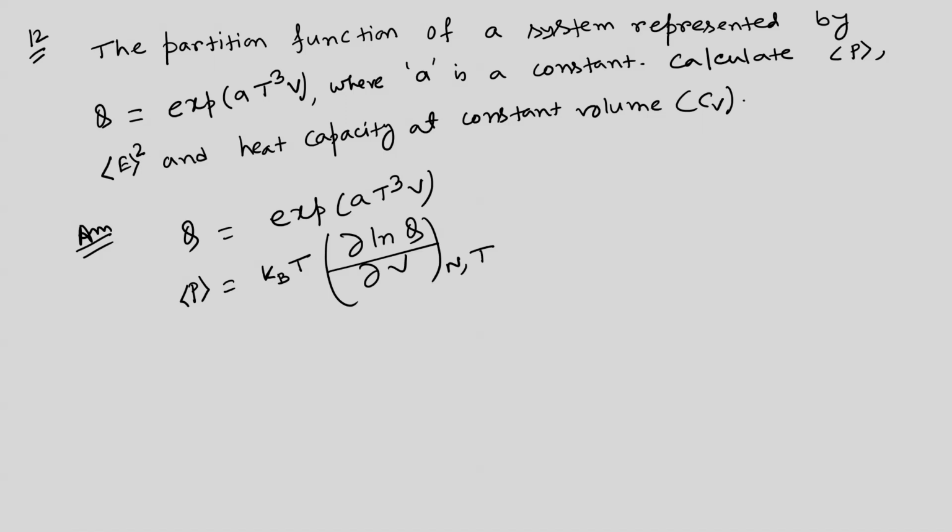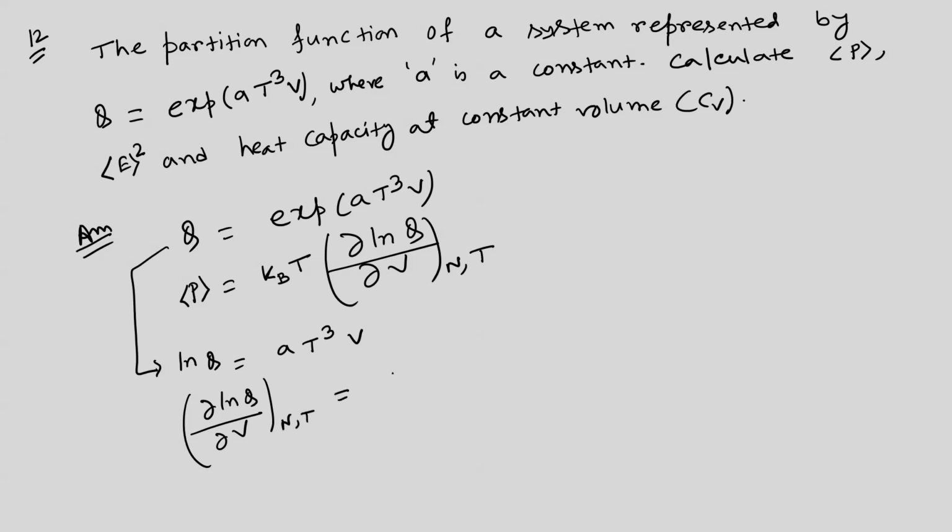So, this is the expression for average pressure. We need to take the log first. ln q gives us a T to the 3 times V, and del ln q by del V, at constant number of particles and temperature, gives us a T to the 3.